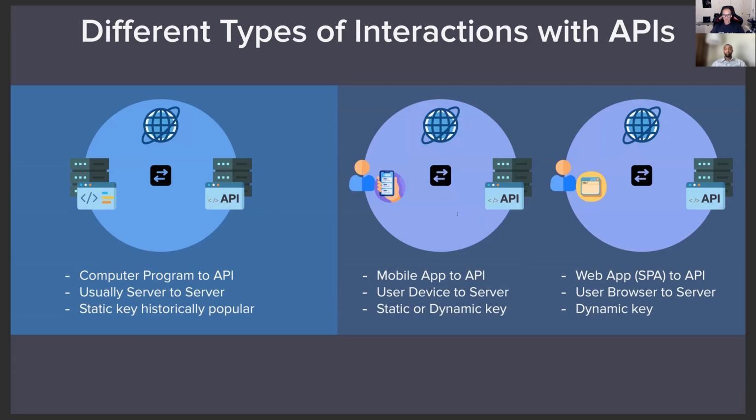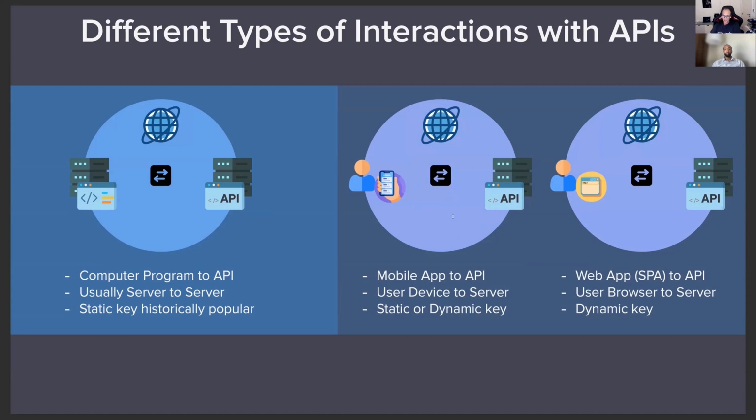Now let's look at the second type of interaction. You have an app on your mobile phone that interacts with an API. So the communication here is between the mobile device and the API server. In terms of authentication, you see a mix of static keys, like in the former case, or dynamic keys.